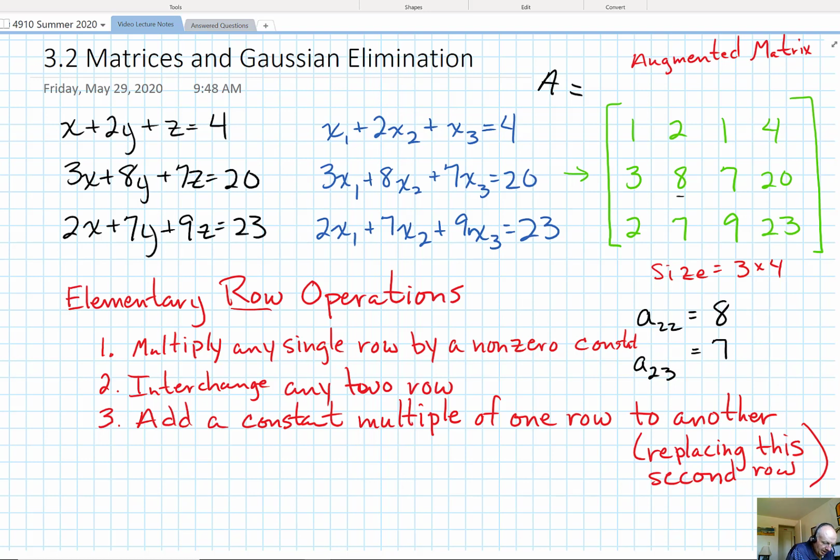But there are some times when we don't want to play fast and loose with it. Here, the official row operation is to pick one of the rows, say this one, and multiply this row by, say, -3, and then you add it to this row and replace this row. Notice we only are allowed in the official elementary row operations to multiply one row by one thing, and then we add to and replace the other row. All right. And that's an official elementary row operation that doesn't change the solutions.